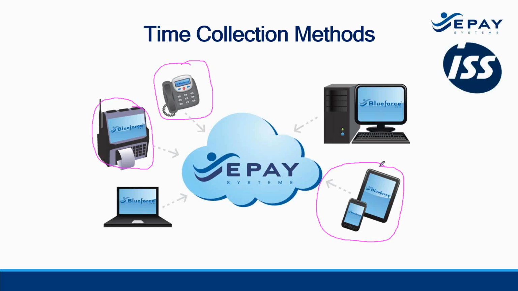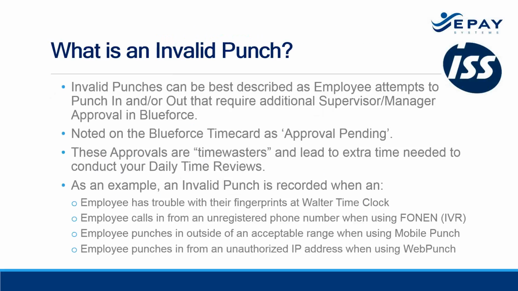Now, along the way, an employee might encounter an issue clocking in in some way, shape, or form. That takes me to the question of what is an invalid punch? An invalid punch can be best described as an employee attempt to punch in or punch out that requires additional supervisor or manager approval in Blueforce.